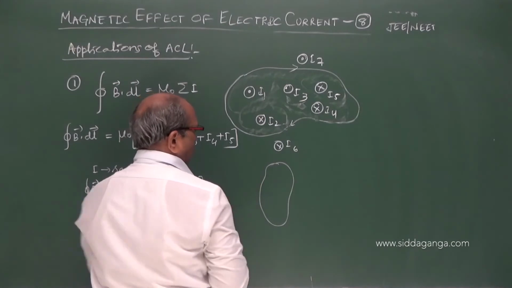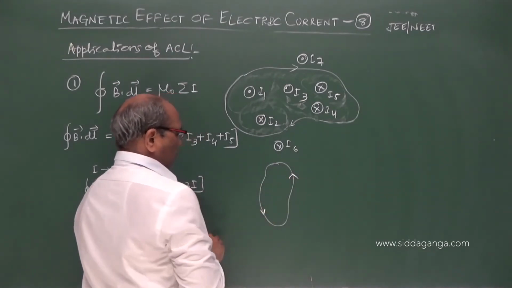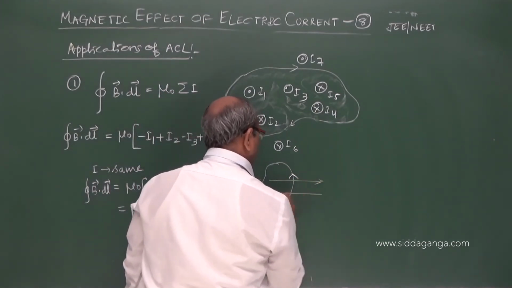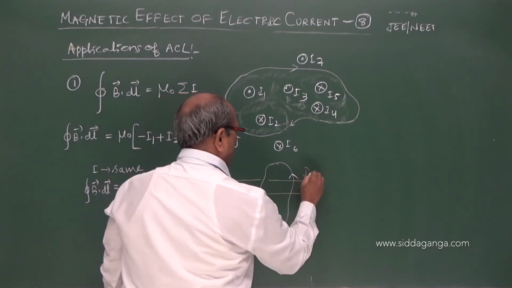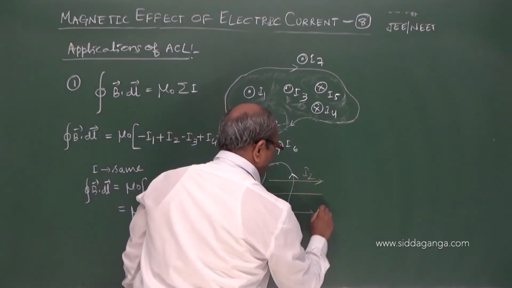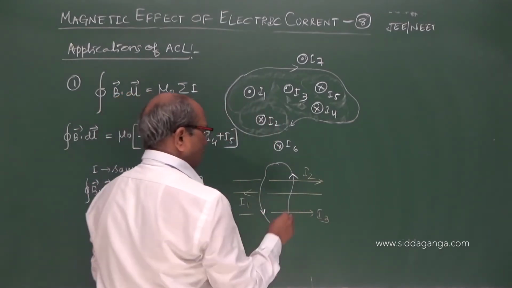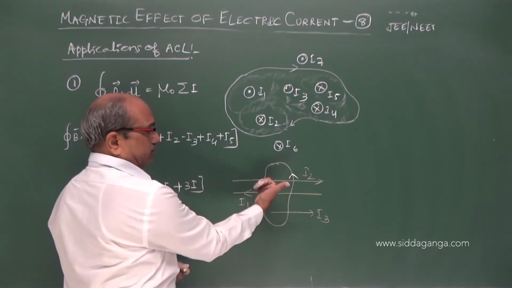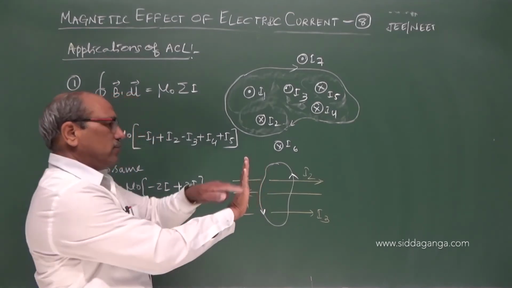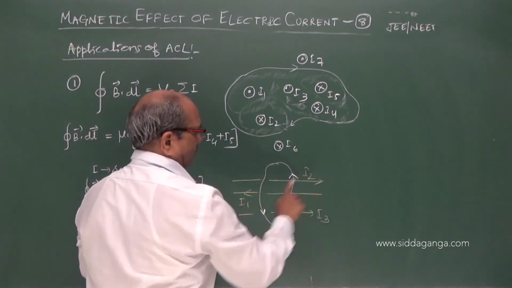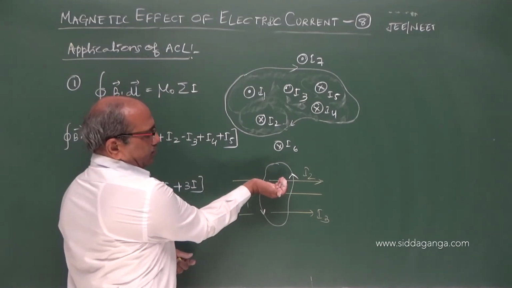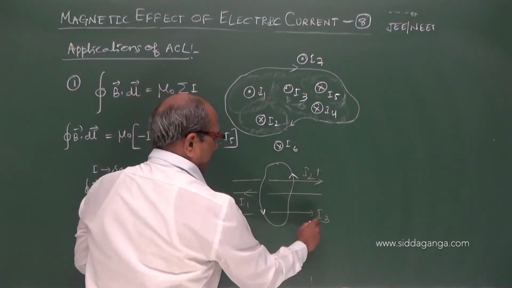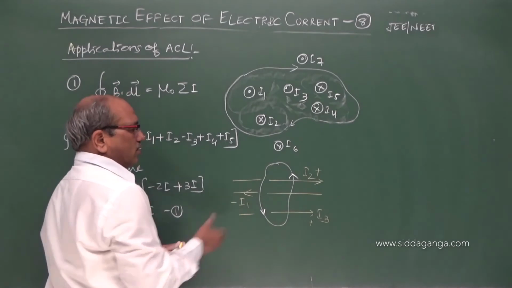The loop is held perpendicular and it's threaded like this, with currents I1, I2, I3 that may be flowing in opposite directions. Now the threading is clockwise or anti-clockwise. If the threading is of this form, current I2 is positive and I3 is positive, while I1 is negative, as it is opposite.